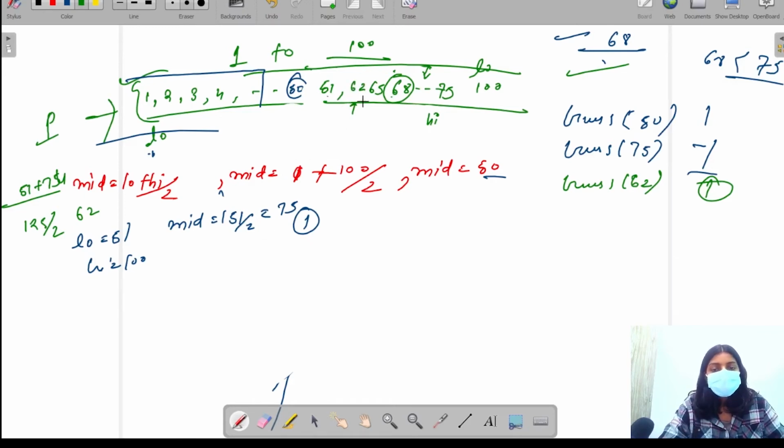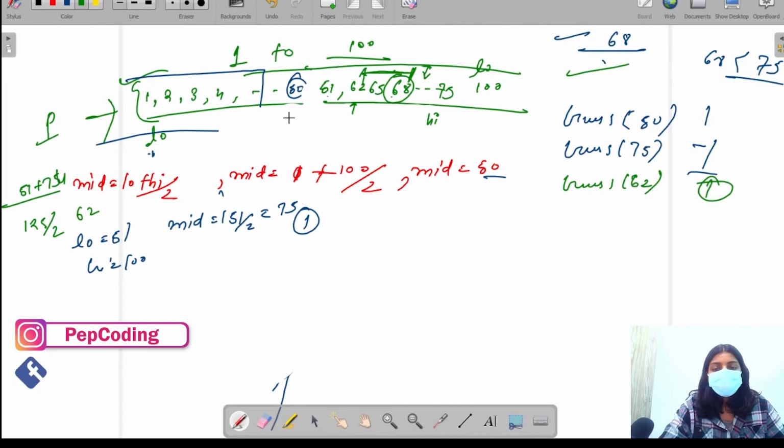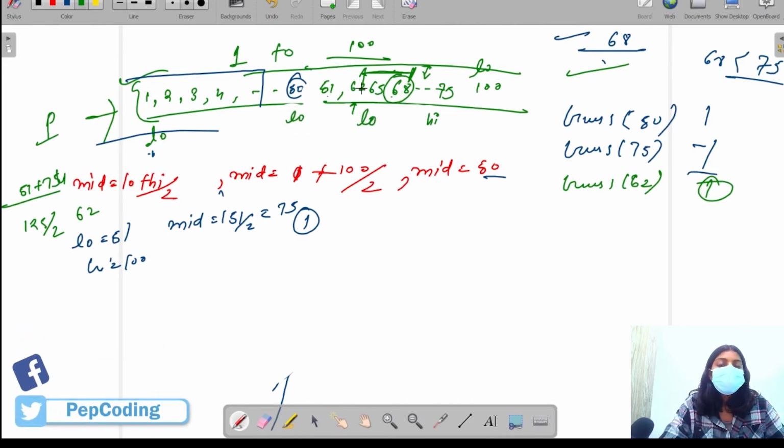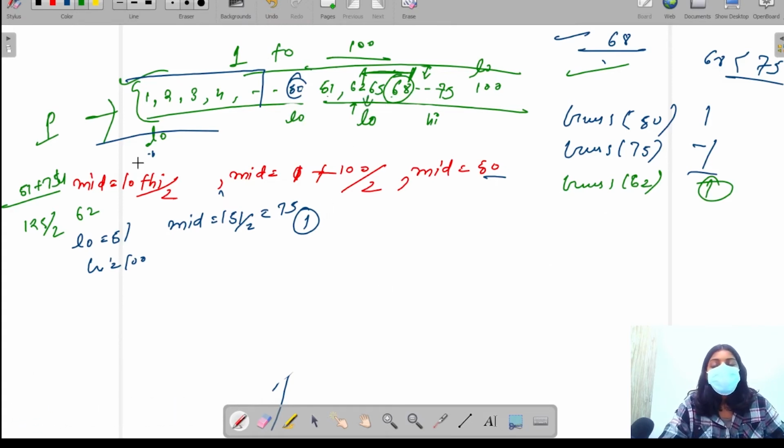If it returns 1, it means my number is greater than my mid, so it is going to lie between 62 and 68. So I will shift my low from here to mid plus 1. Mid was 62, so now my low becomes 63.